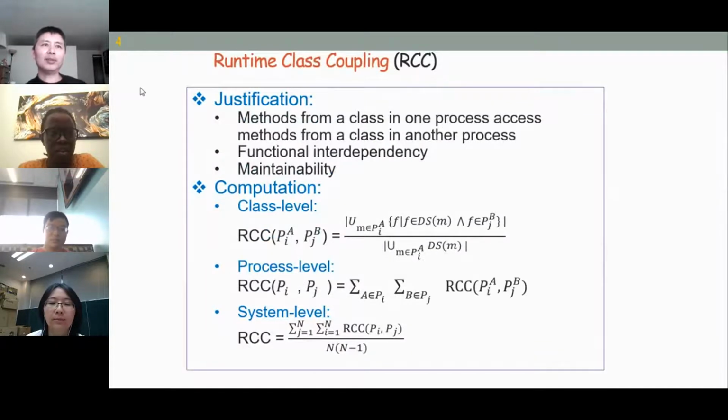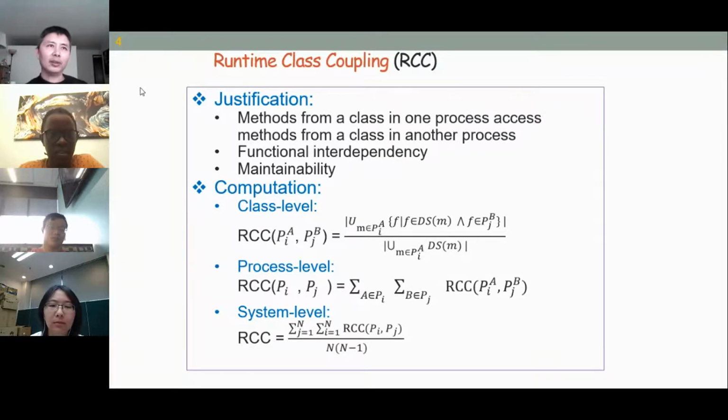The next IPC metric I introduced is RCC, runtime class coupling. It measures IPC coupling in terms of the extent to which methods from a class in one process rely on or interact with methods from a class in another process.